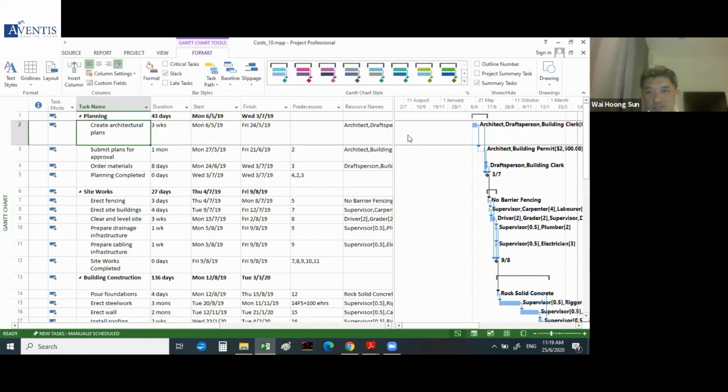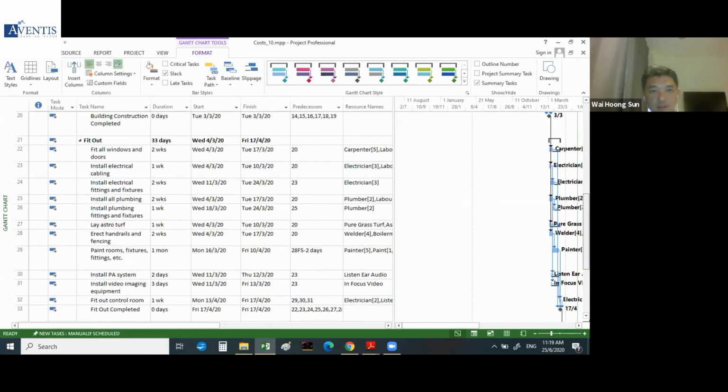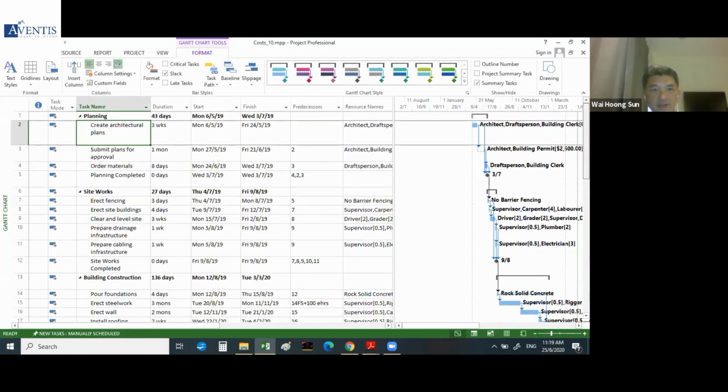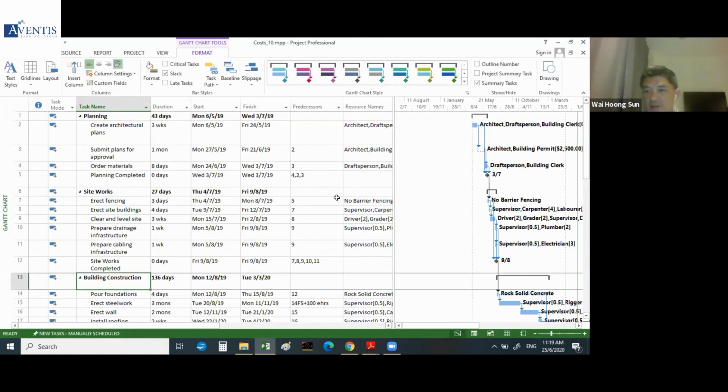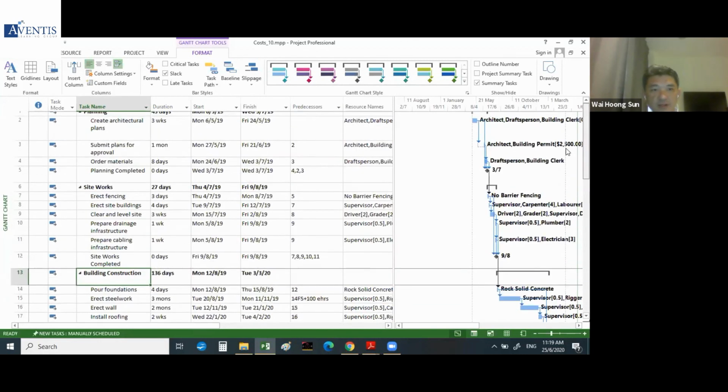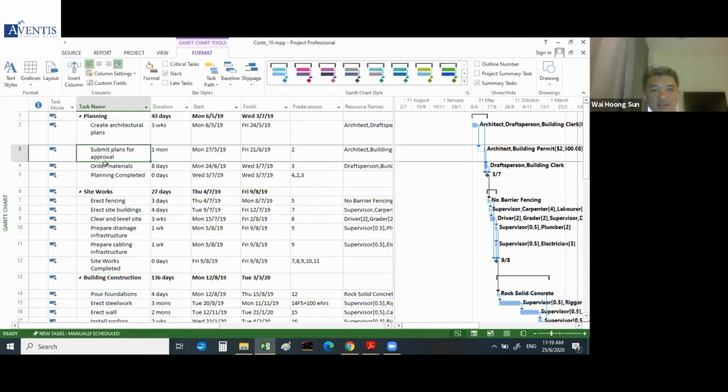So you could see from here all the tasks of the project. And here are the phases of the project: planning, site works, building construction, fit out, commissioning. All these tasks belong to this phase.